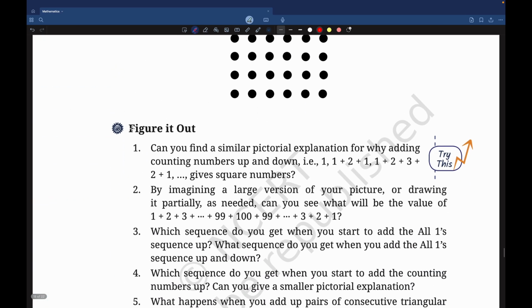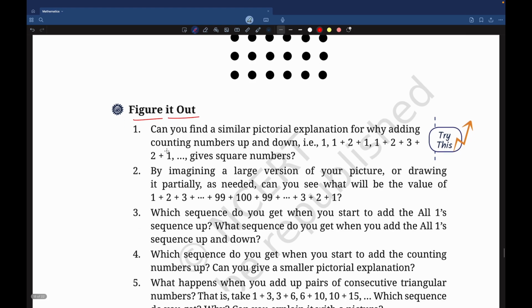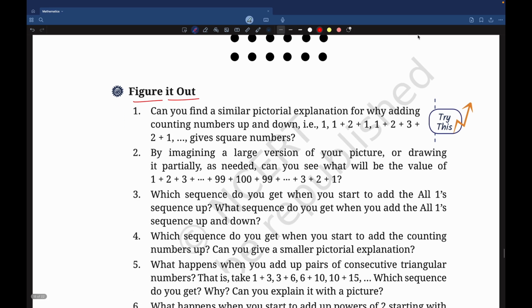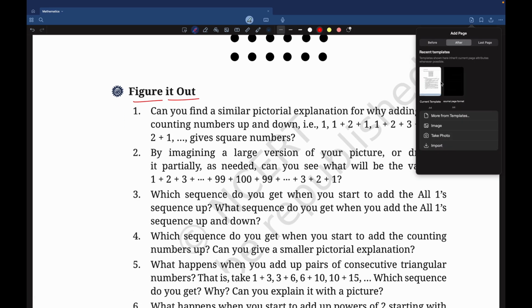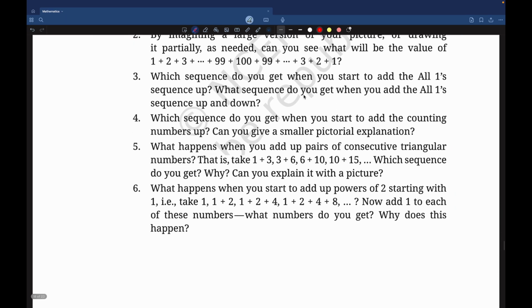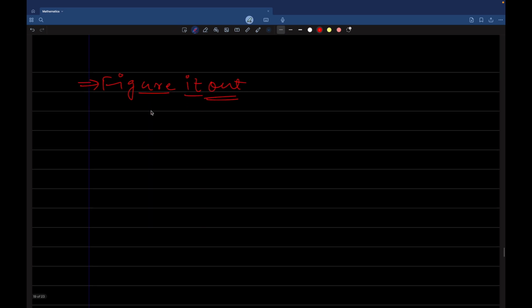Now let us try to solve this, figure it out. Question number 1.